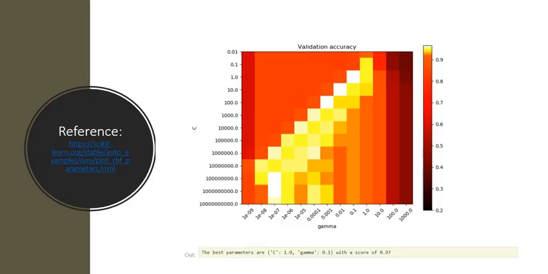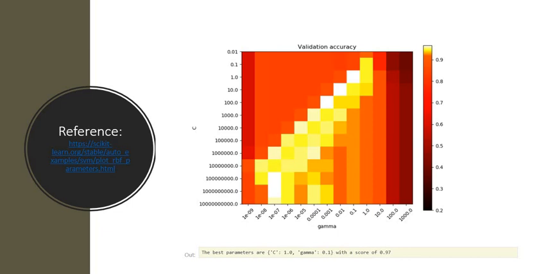So the question here is, how can I choose the optimal values of C and gamma? It's actually a trial and error scenario, in which we played around with different values of gamma and different values of C. We decided from this heat map that the optimal value is this square, which has a gamma of 0.1 and a C of 1.